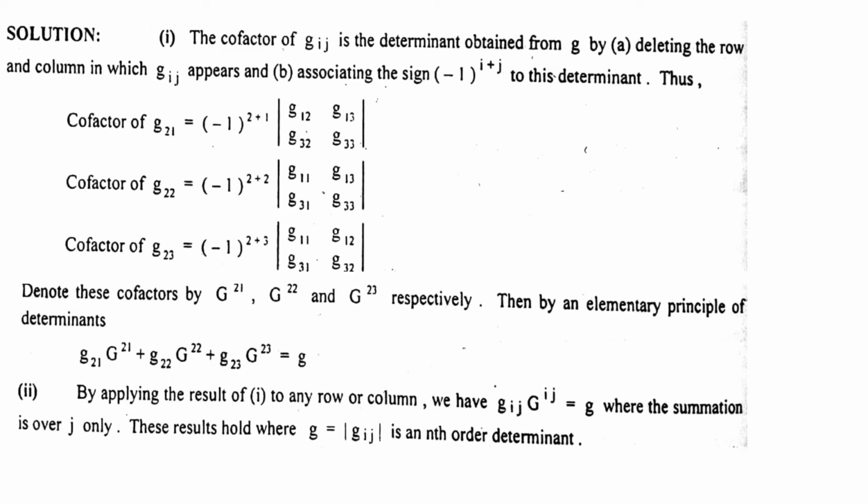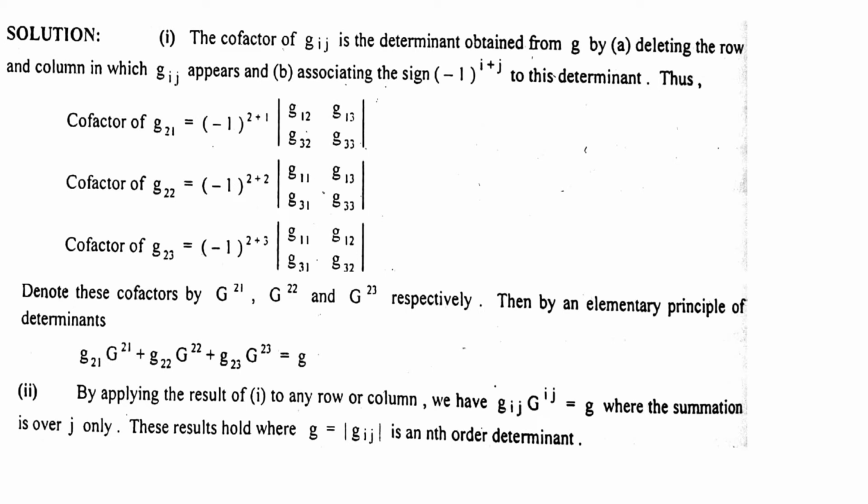Then by the elementary principle of determinants, g21 G21 plus g22 G22 plus g23 G23 is equal to the determinant of the whole matrix, equal to g.